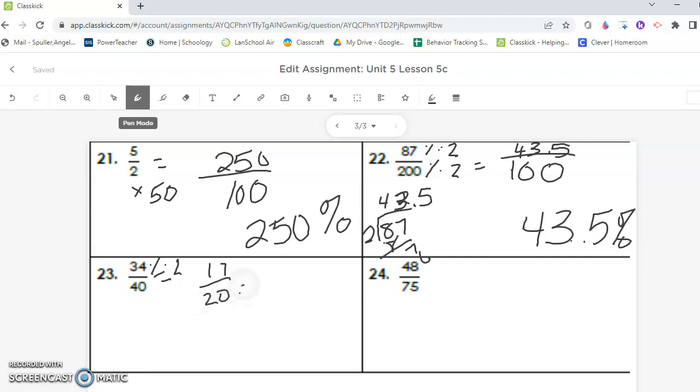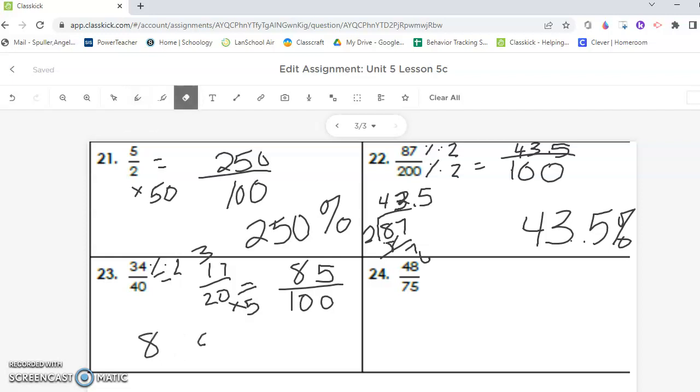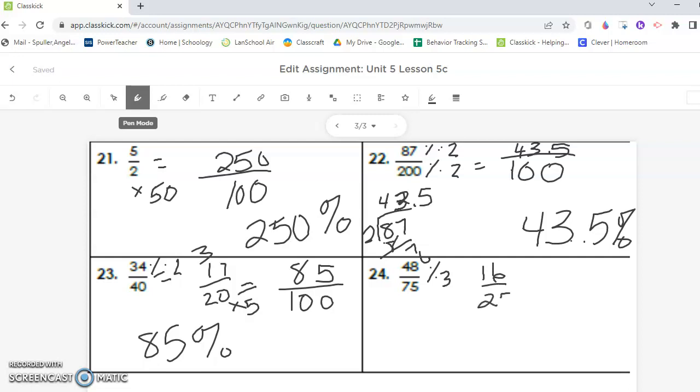Now I can easily turn this into a hundredth by multiplying by 5. 5 times 20 is 100. 17 times 5 is 85. So this is worth 85%, not 88.